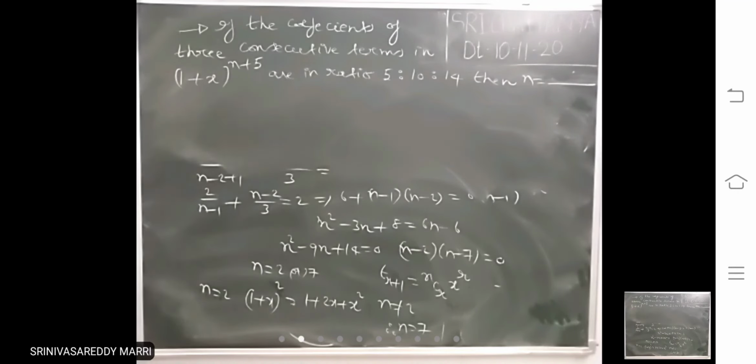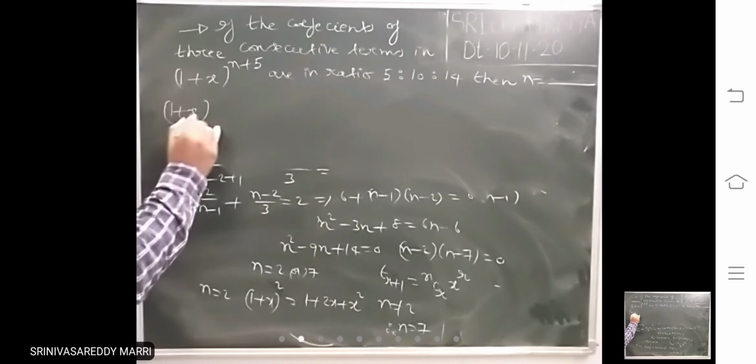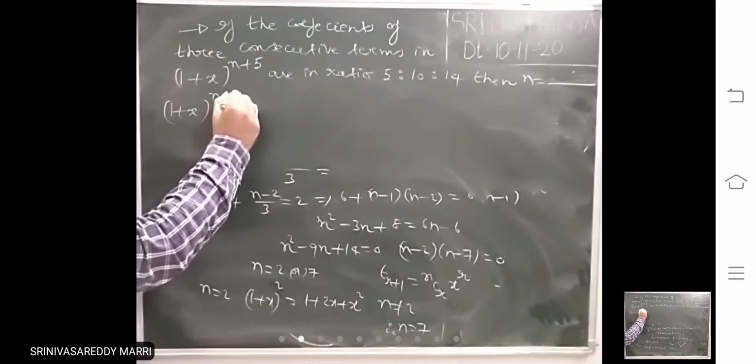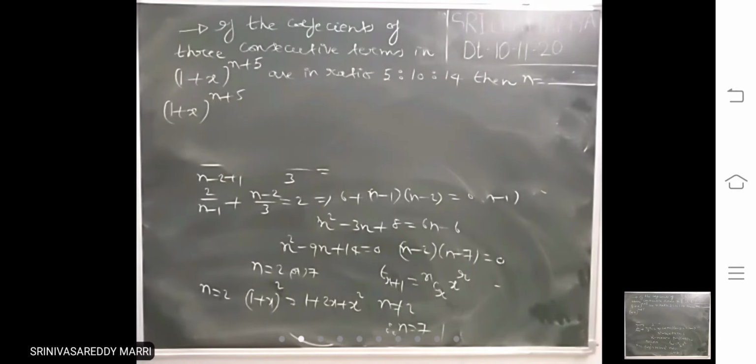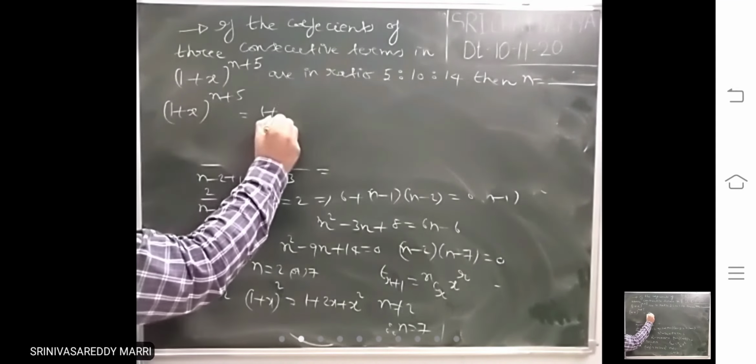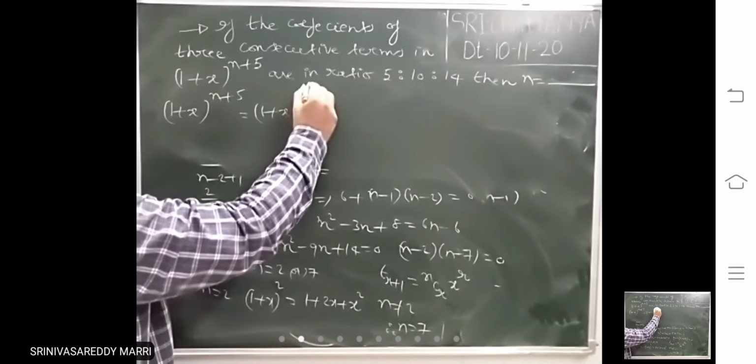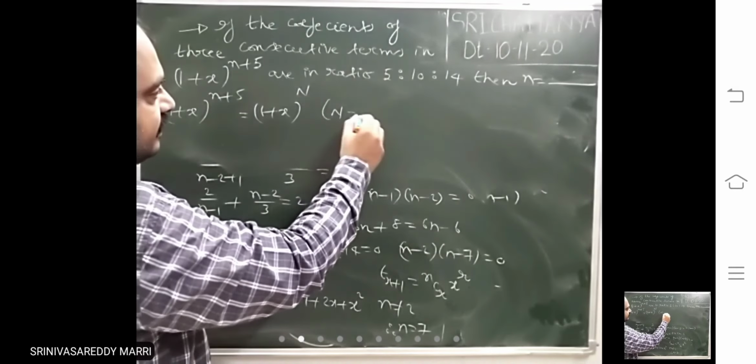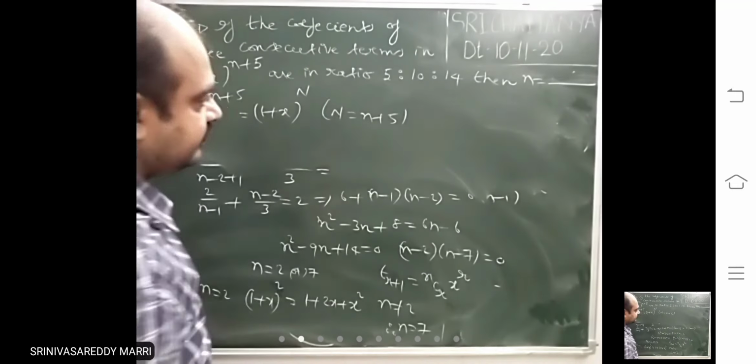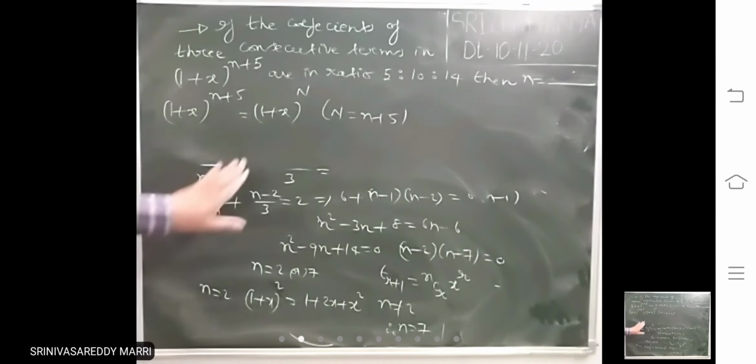Look at this. So given expansion, this one. So let us say this is (1 plus x) whole power N, where N equal to n plus 5. This is like (1 plus x) whole power N. Right?